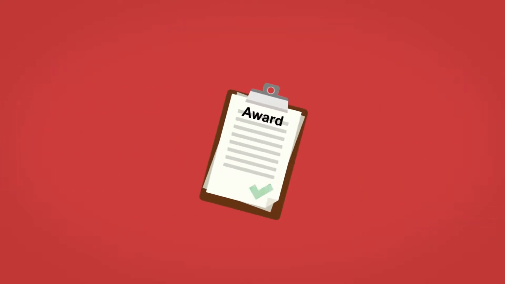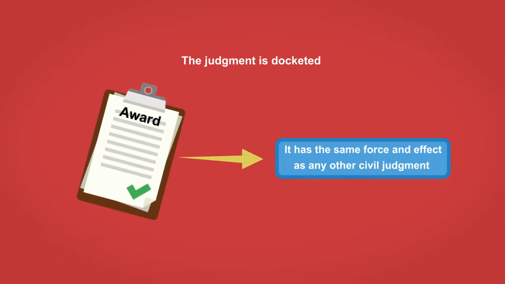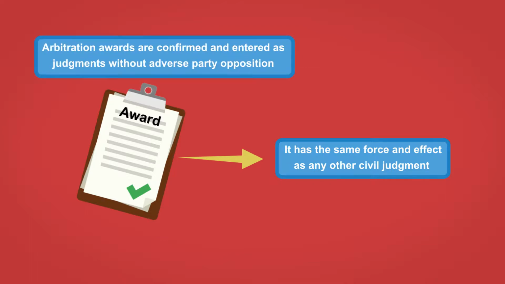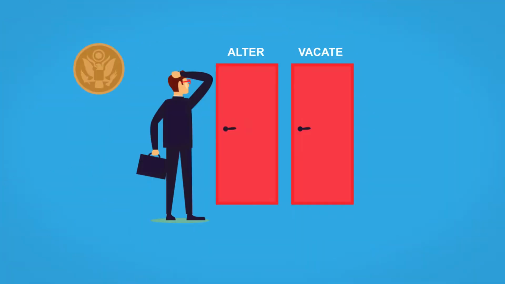Once an arbitral award is confirmed, the judgment is docketed, which means that it has the same force and effect as any other civil judgment. In most cases, arbitration awards are confirmed and entered as judgments without adverse party opposition. Courts are hesitant to vacate or alter arbitration awards when they are challenged.